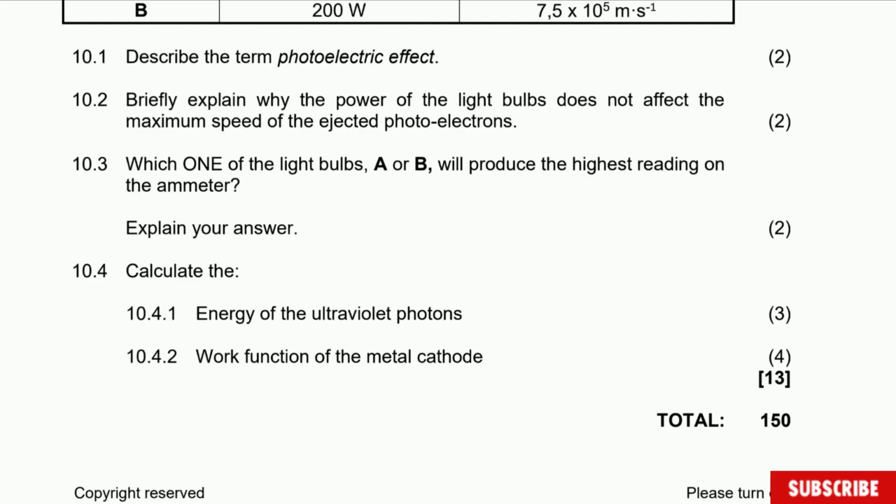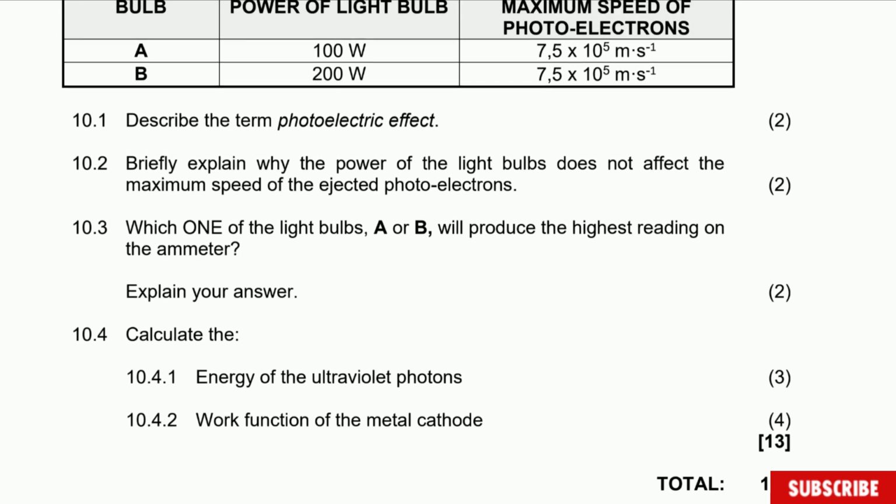Let's go to question 10.2. Verify and explain why the power of light bulbs does not affect the maximum speed of the ejected electron. Remember what I say, increasing the power here actually affects the intensity.